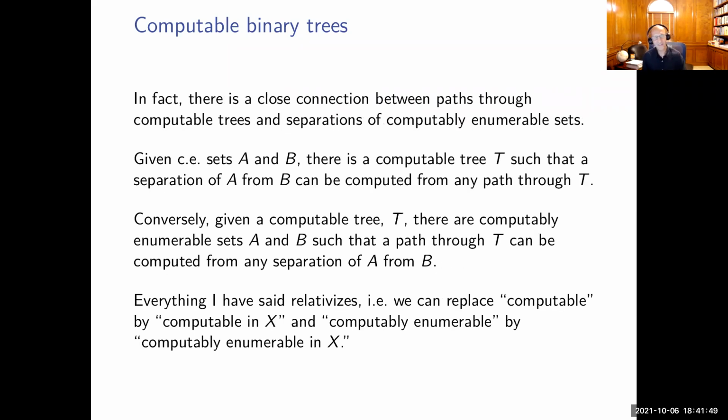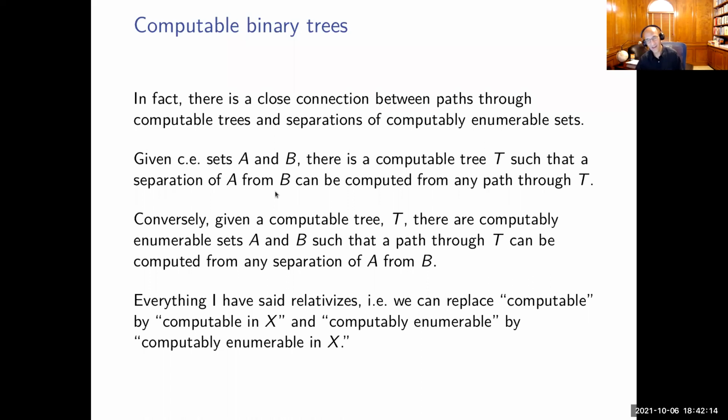In fact, there's a very close connection between paths through computable trees and separations of computably enumerable sets. I've just given you a hint that if you have two disjoint computably enumerable sets A and B, you can write down a computable tree such that from any path through the tree, you can get a separation of A and B.